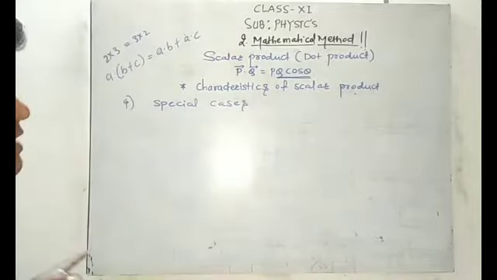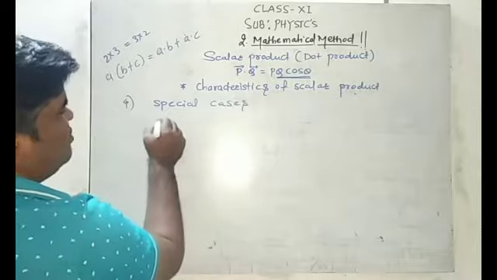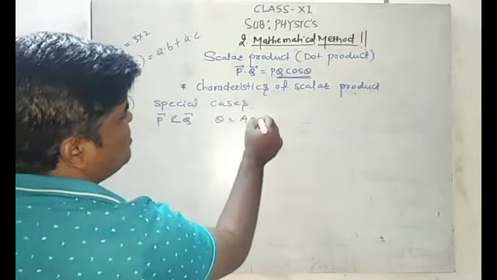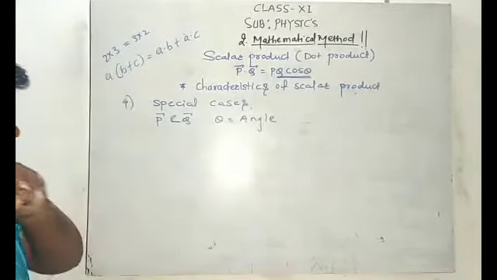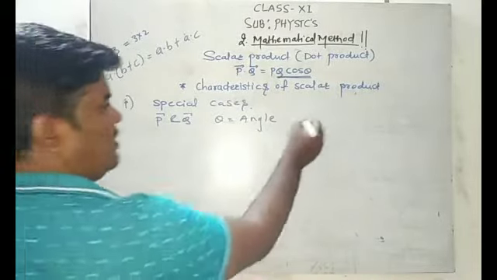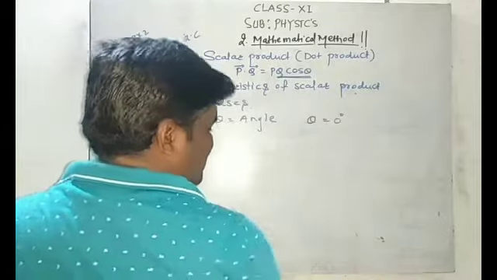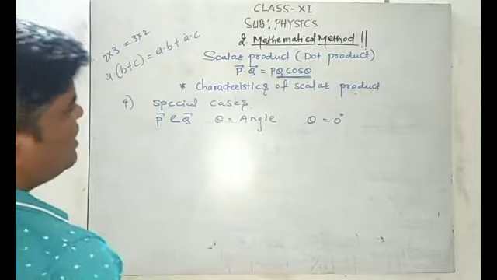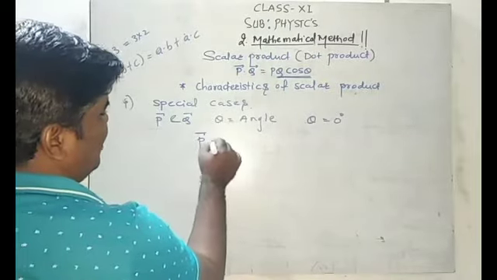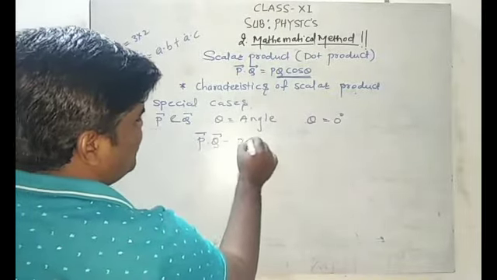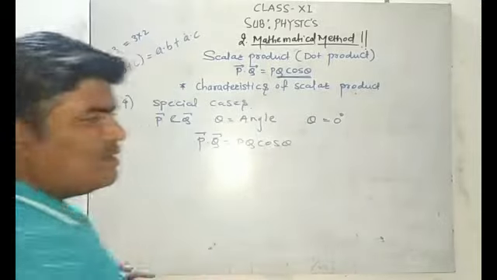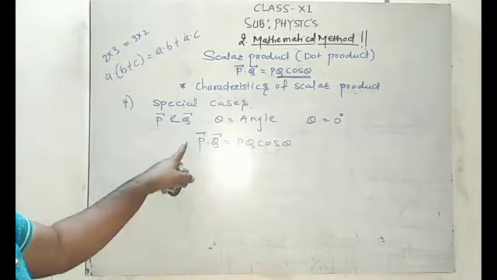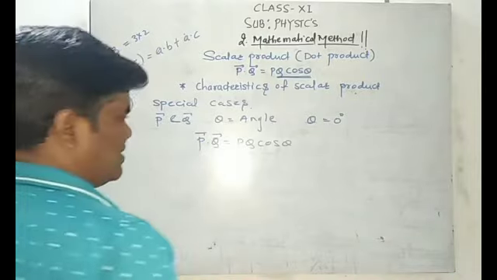You know that if we have two vectors p bar and q bar, and theta is the angle between these two vectors, then if theta is equal to 0 degrees, then what happens? If we do the scalar product, p bar dot q bar is equal to pq cos theta. You know that, right? This is the formula to find the magnitude of the scalar product: p bar dot q bar is equal to pq cos theta.